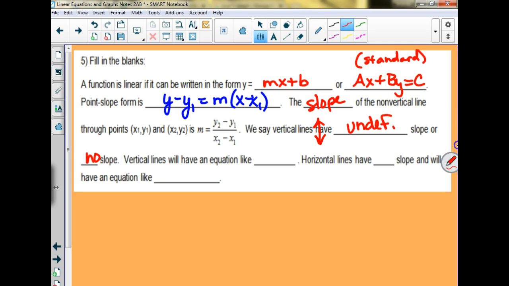I prefer you say undefined, not get it confused with horizontal lines, which have 0 slope. Okay, vertical lines have equations like, example? Yeah, x equals some number. Well, horizontal lines that go this way have 0 slope, and we'll have equations like y equals some number.